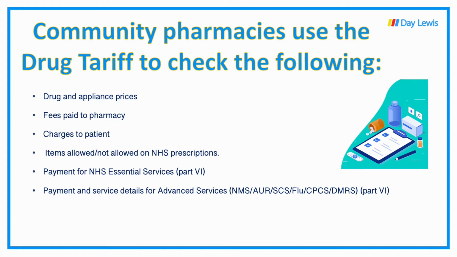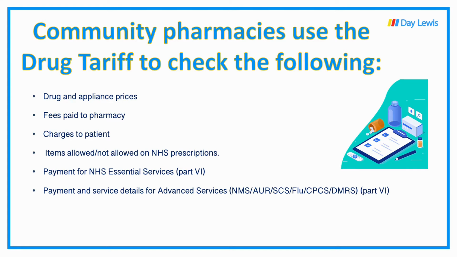Here you'd find the blacklisted items, which are items that have not been deemed clinically suitable to be prescribed on an NHS prescription, but also the items that are allowed, and which are allowed under specific circumstances, for example, under the SLS scheme.